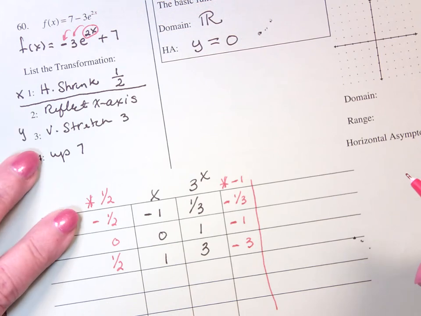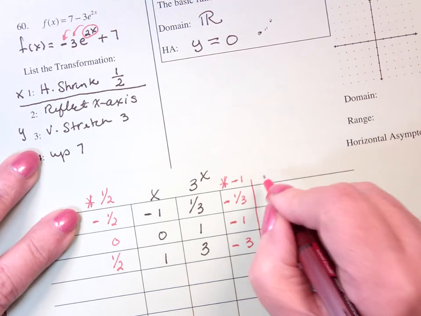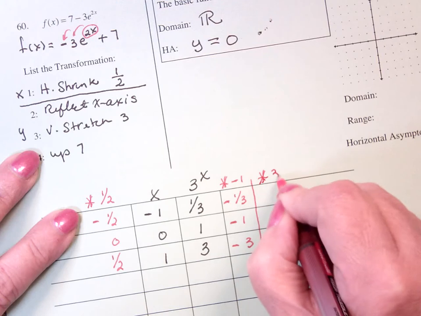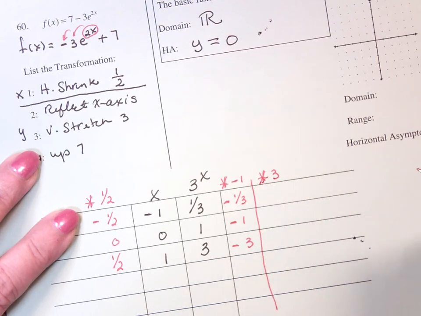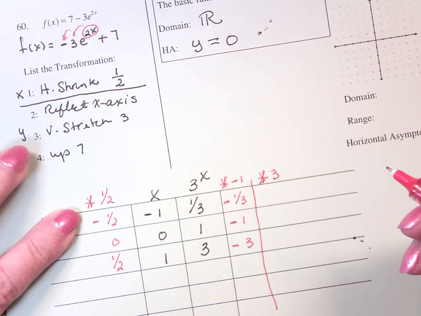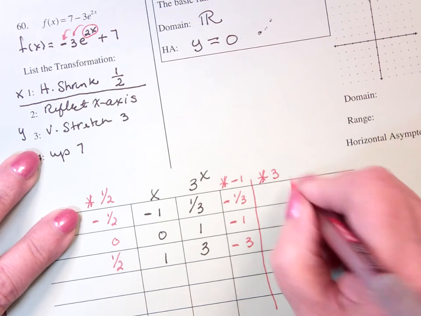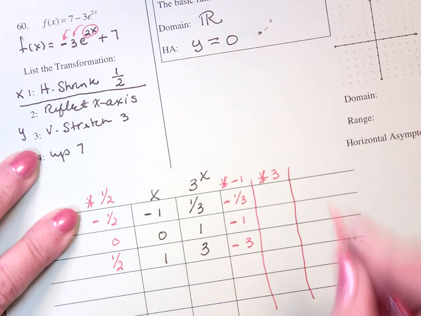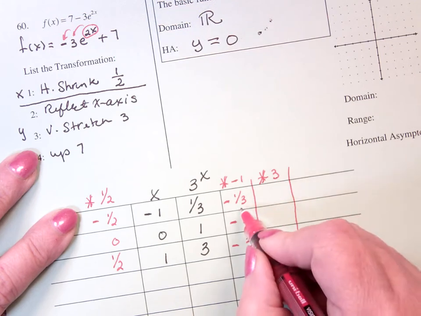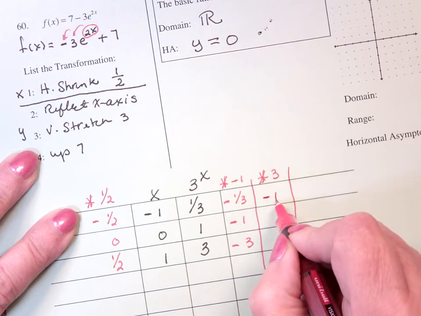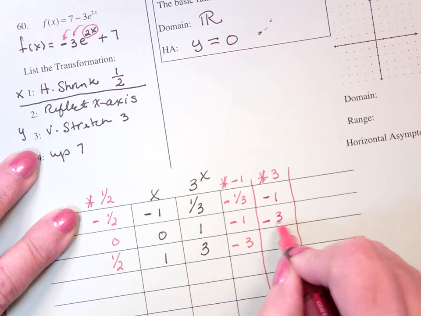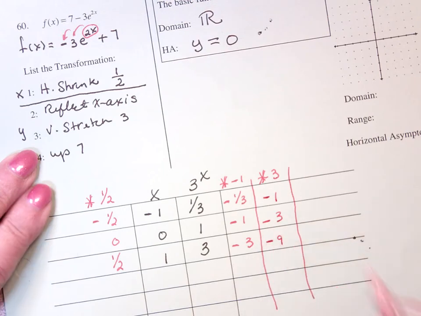Then I'm going to do a vertical stretch factor of 3, which means I'm going to multiply by 3. Remember, you could do it at one time and multiply by -3, because it's a twofer. And 3 times -1/3, that's -1, -3, -9. And I forgot something.